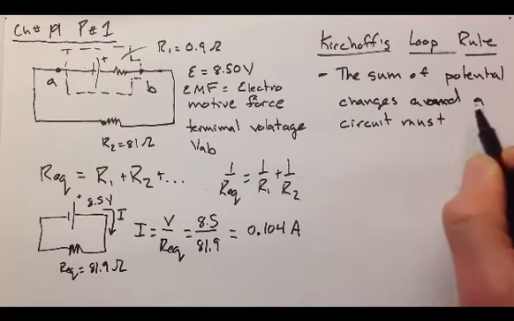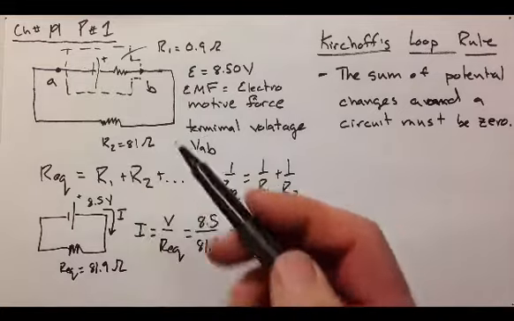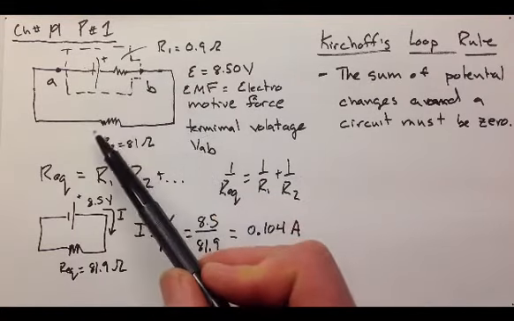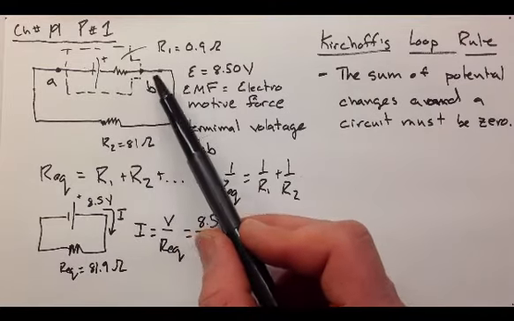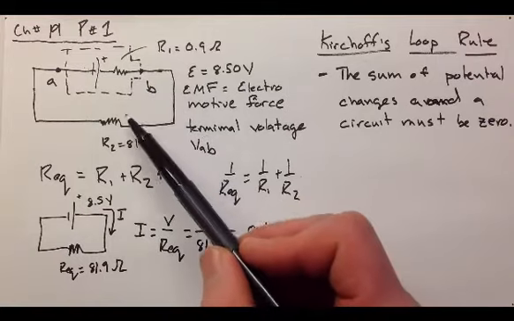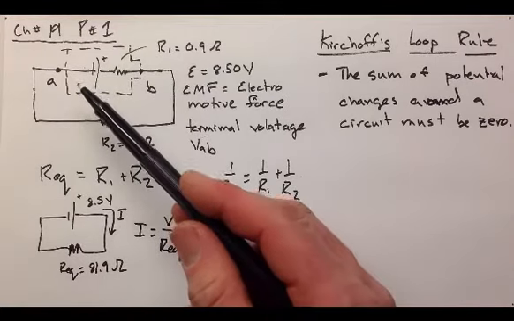Now, what does that mean? It means if a battery bumps up the voltage in a circuit 8.5 volts and there are 2 resistors, then each resistor takes the voltage down a notch, and the total voltage downs should equal the voltage ups.